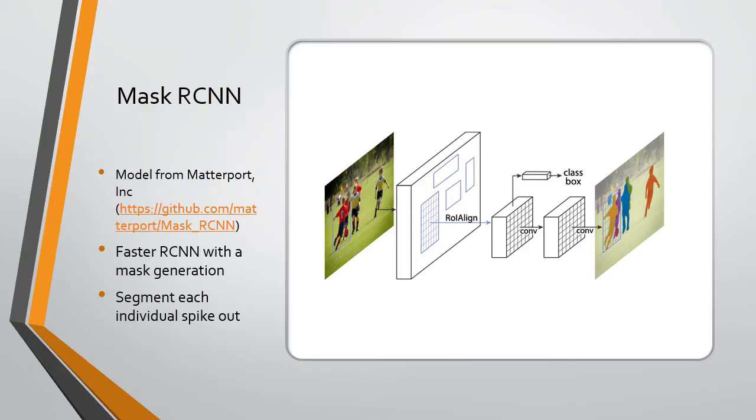We are using Mask-RCNN to separate our images into the attributes that we want to take into account.